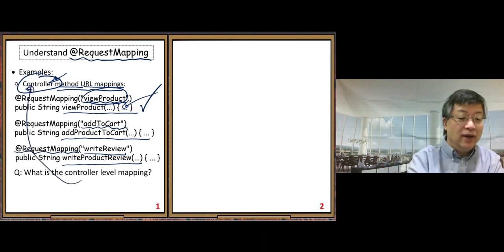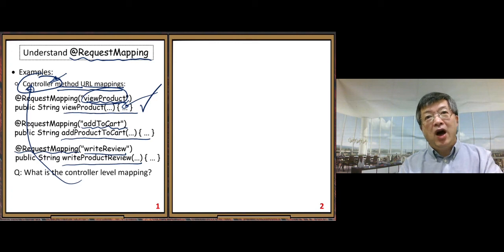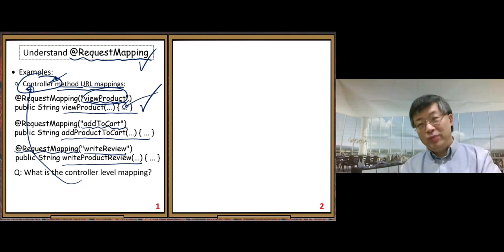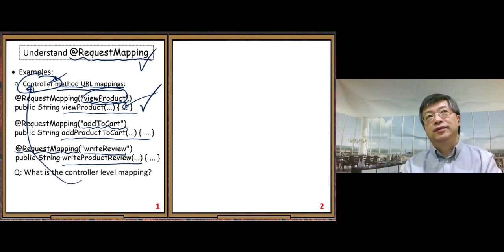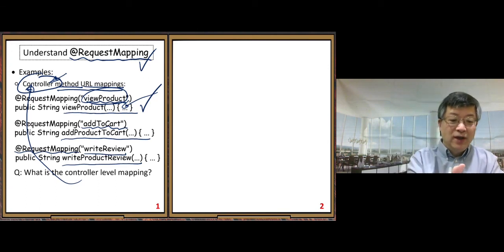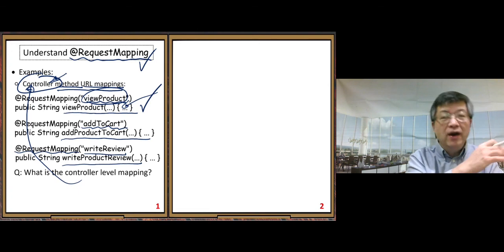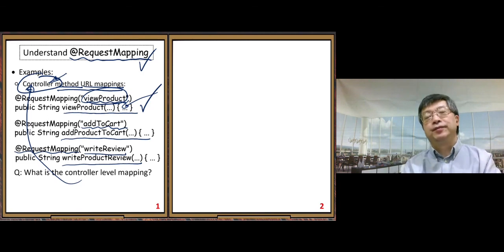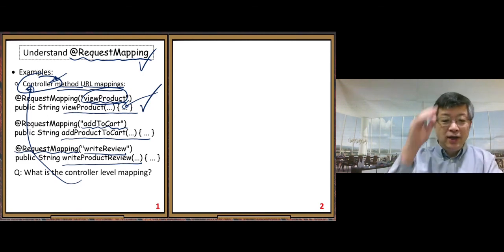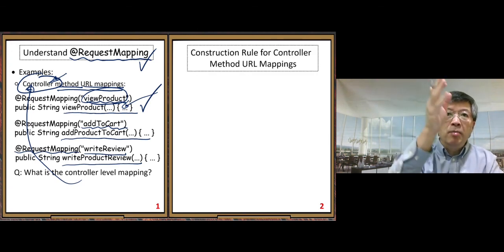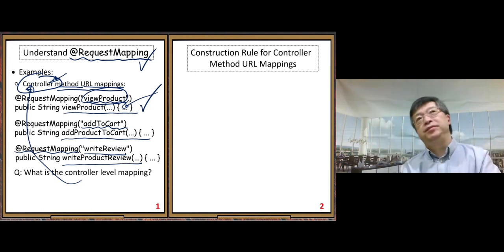Controller level, we also use this annotation, but we put it at the beginning of that controller, above the controller class name, similar to the way we are using here, above the method declaration line. Very natural. All right.